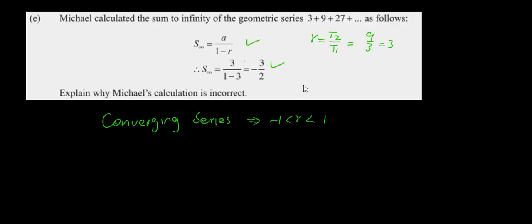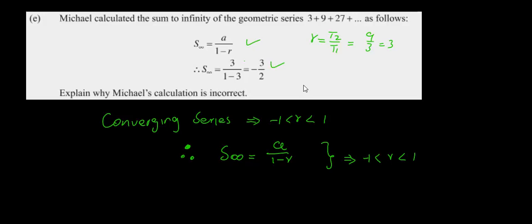If you find out that the value of r is less than 1 and greater than minus 1, therefore your series converges. If your series converges, therefore you can find the sum to infinity as a over 1 minus r, if and only if your series converges. We can only use this formula if r is less than 1 and greater than minus 1.